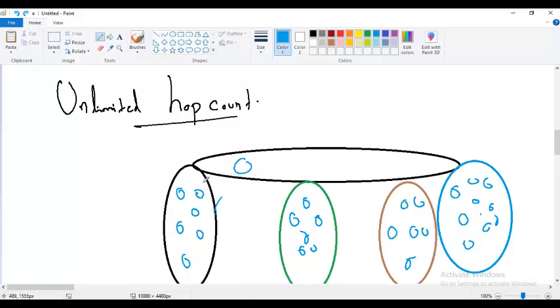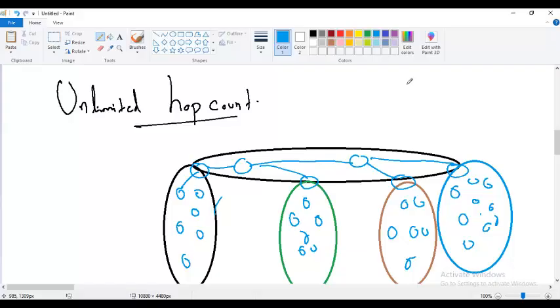Because of this hierarchical design, OSPF is highly scalable. OSPF is highly scalable because it follows this two-tier architecture. Many areas, how many? As many as you want, you can have. Each route is an area. And to connect all these non-backbone areas, you have one backbone area.